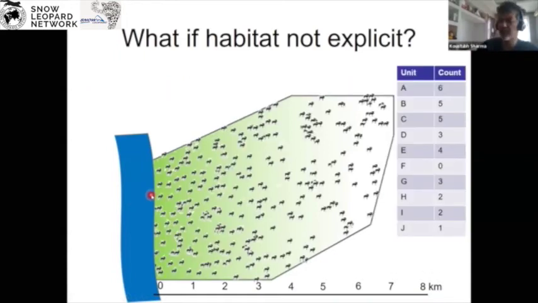Now, our animals of interest are distributed unevenly across the study area. Animals are distributed in greater density closer to water, and there are fewer animals away from it. You can see a pattern.